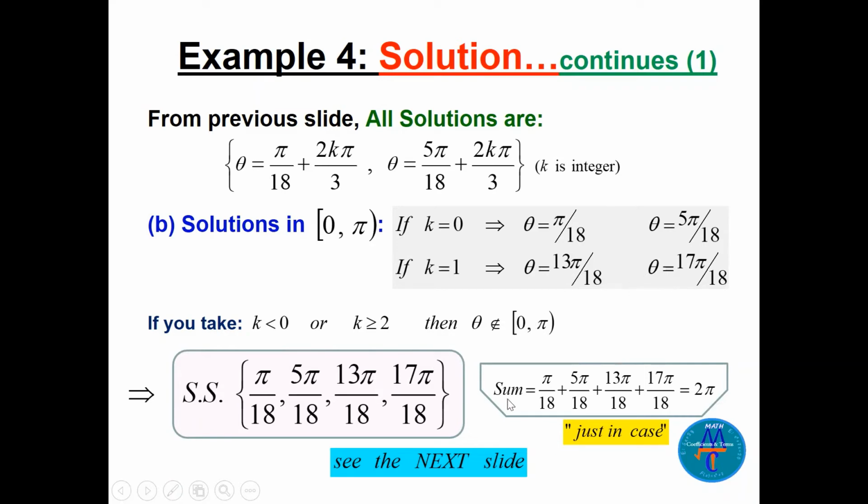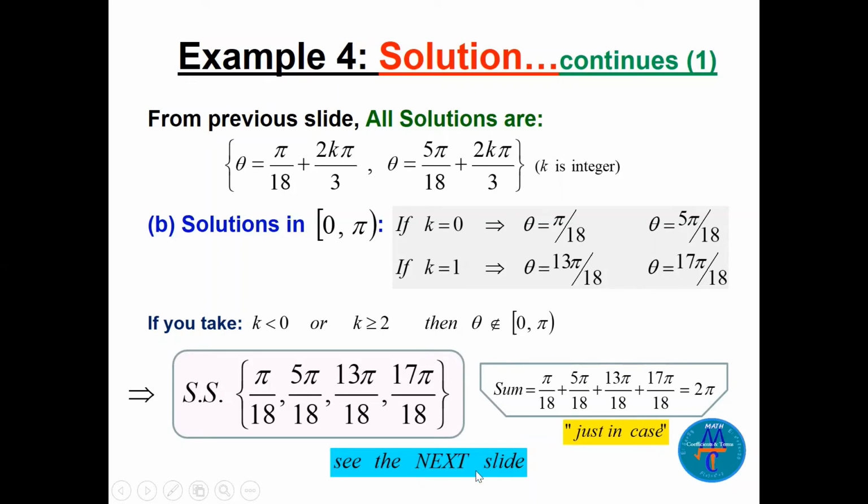In case they ask about the sum of the solutions in this interval 0 to pi, just add these 4 values of theta, and the answer will be 2 pi. Let's see the next slide, please.